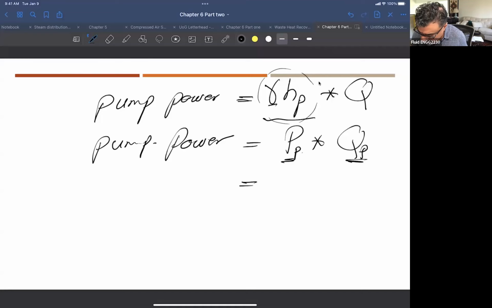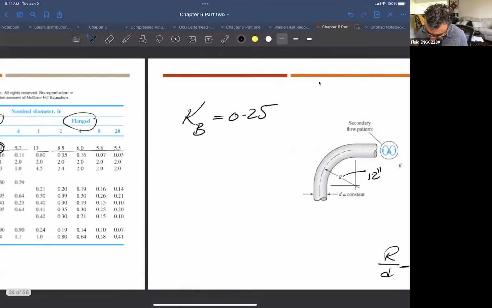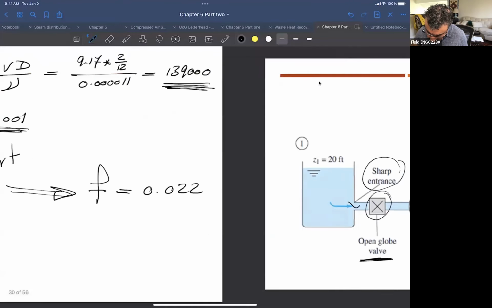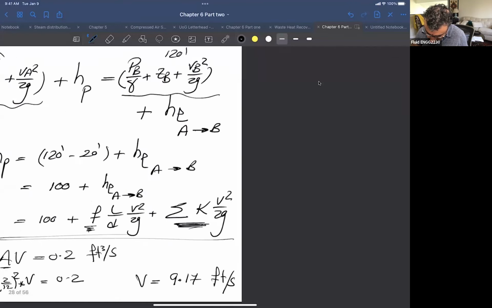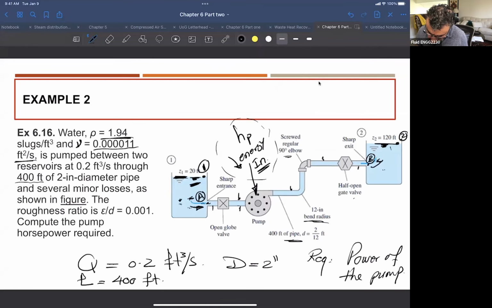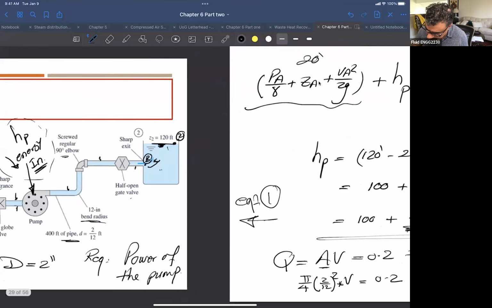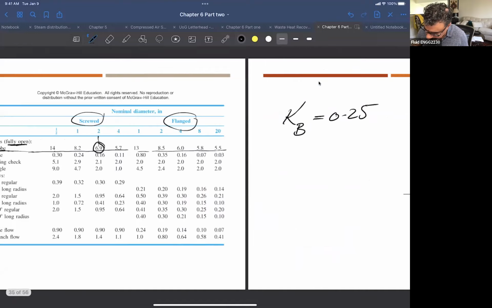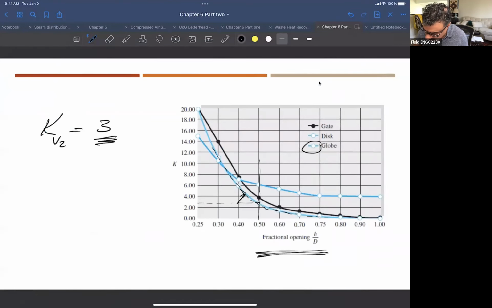So gamma here is rho G, right? I think rho is 1.94. This is what is given in slugs per feet cubed, right? Is that correct? Yeah, sorry, density is 1.94.